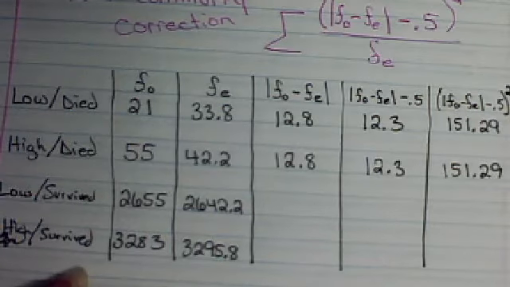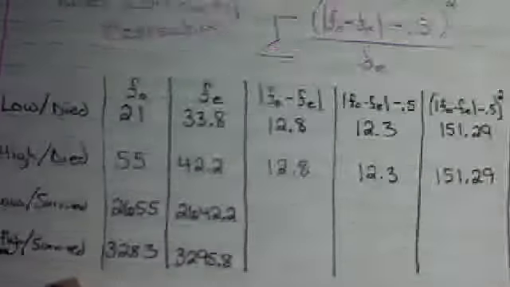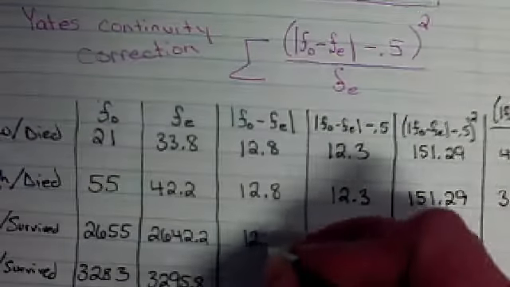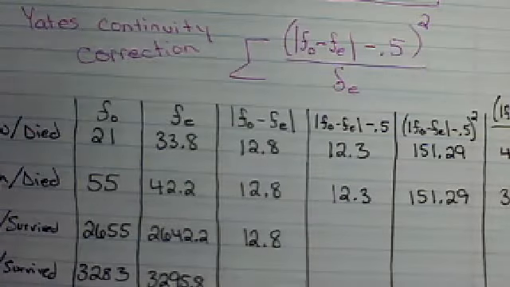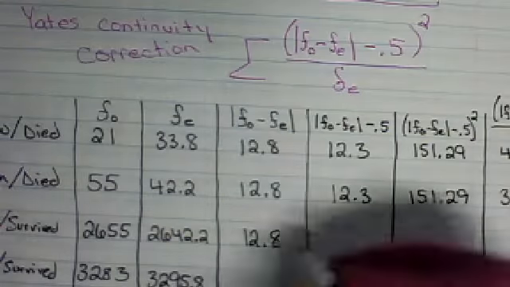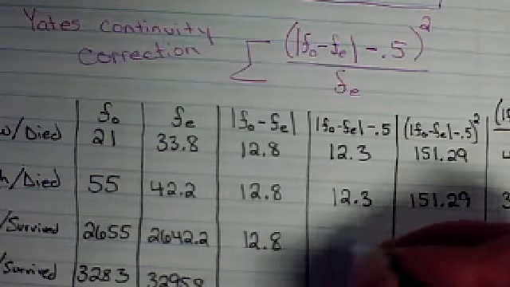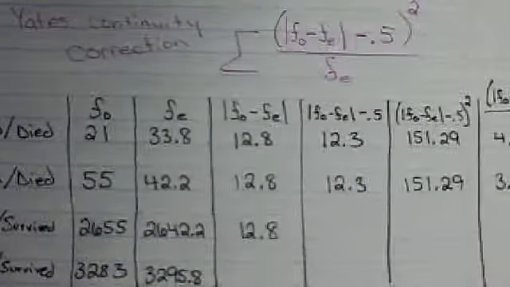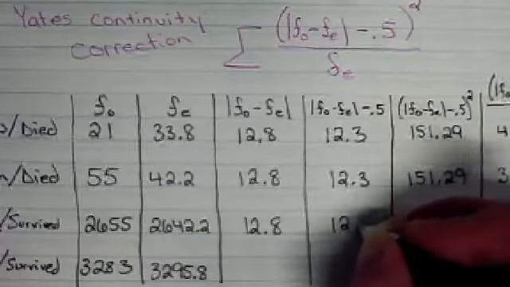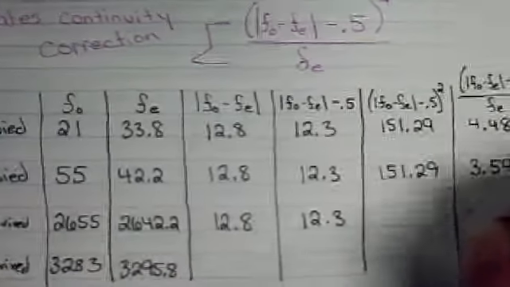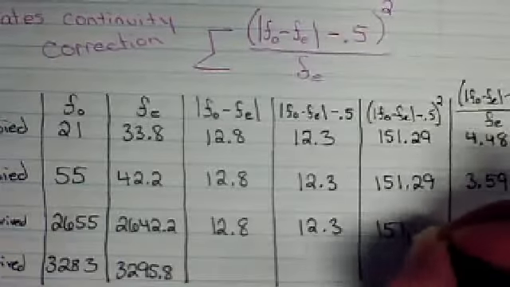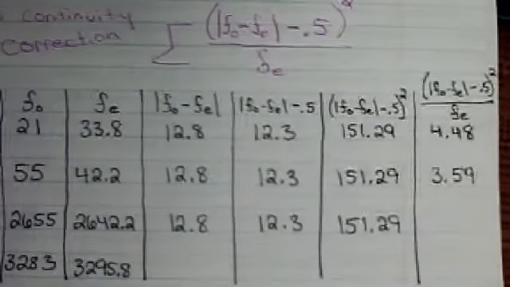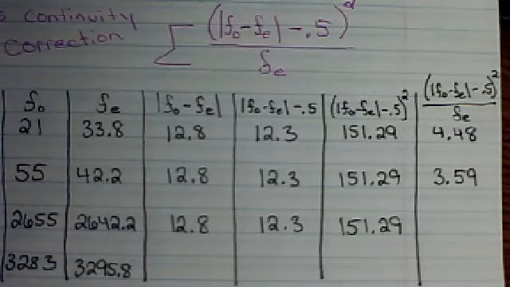2655 minus 2642.2 and get a 12.8. Wow, it ended up being a 12.8 as well. So that's going to mean this is a 12.3. That was unusual. 151.29 divided by 2642.2.